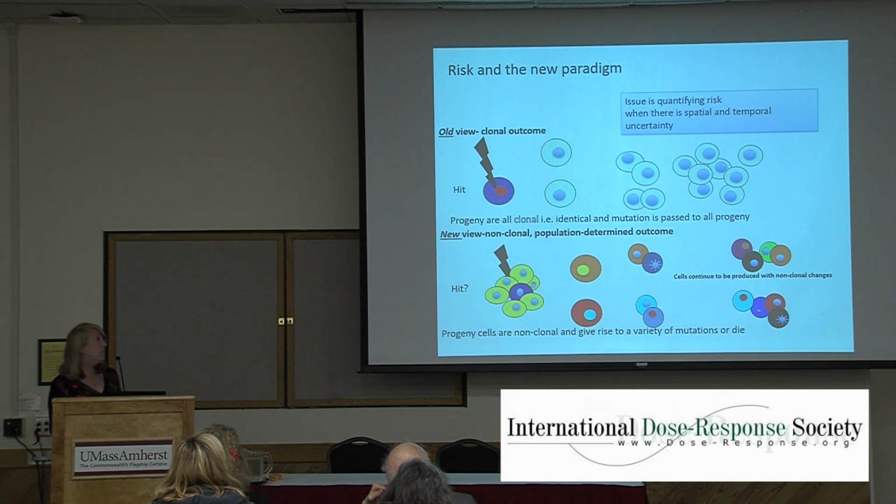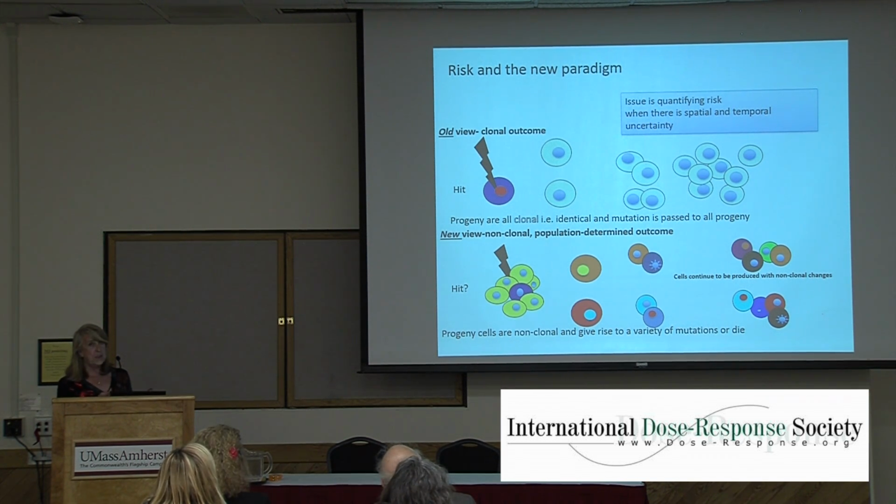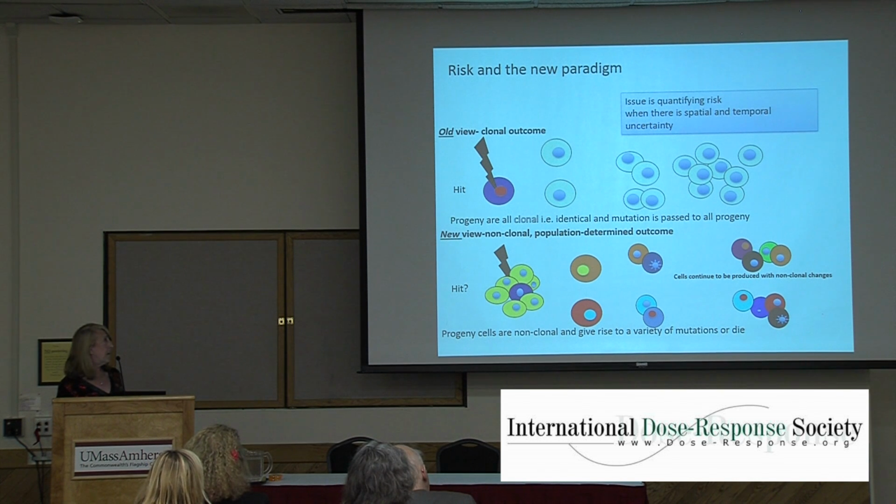But the new paradigm is that you don't even need to hit a cell, that you can create this situation at the system level or the organ level, if you like, and that the result of that is that you get an instability which can give you favorable effects, bad effects, lethal effects.